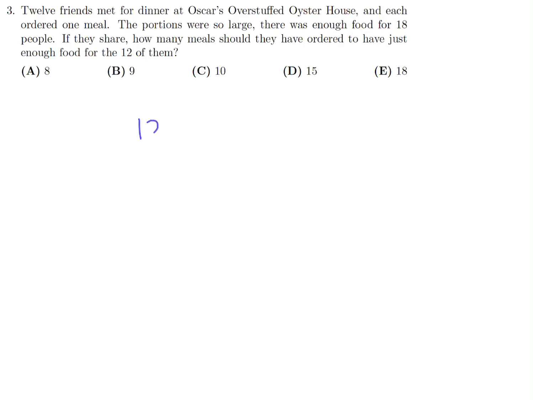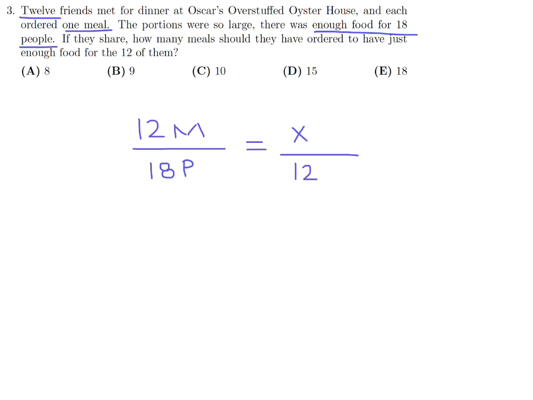So basically, this means that 12 meals is good enough for 18 people, right? There was 12, they each ordered 1 meal, but when the food came, there was enough food for 18 people. That is our relationship. Now they're saying, figure out how many meals they should have ordered to make it sufficient for 12 people.